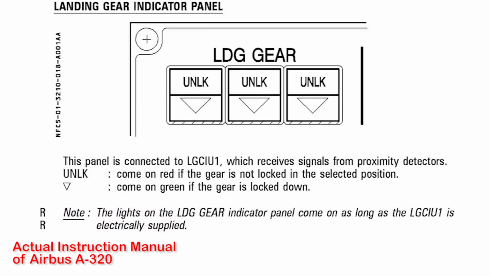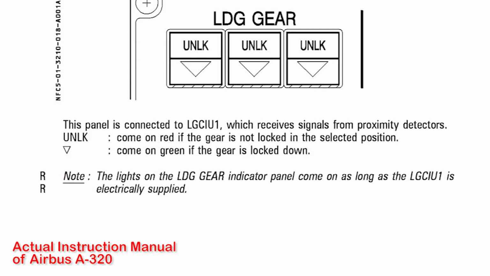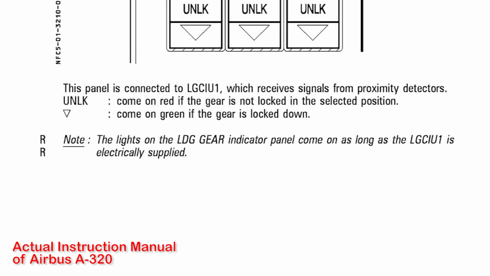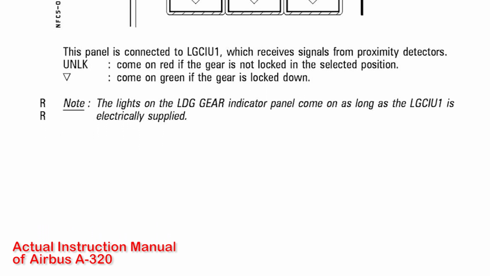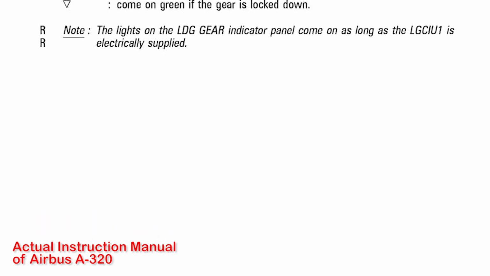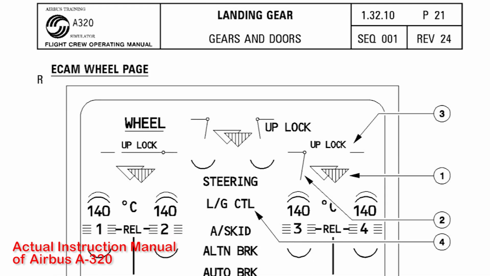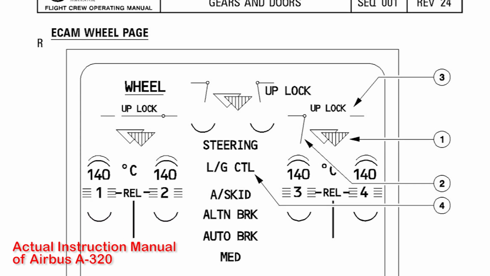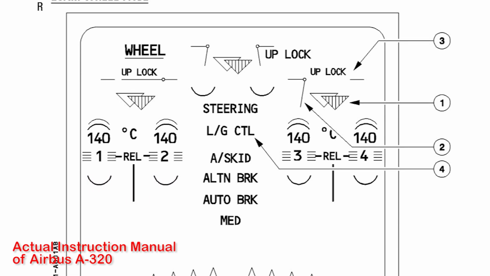These are the three switches, as you can see: the middle one for the front undercarriage wheel, the left one for the left undercarriage, and the right one for the right undercarriage. So as shown by the figure before, if you are traveling above 260 knots, the aircraft won't allow the wheels to open up. This is the ECAM wheel page.